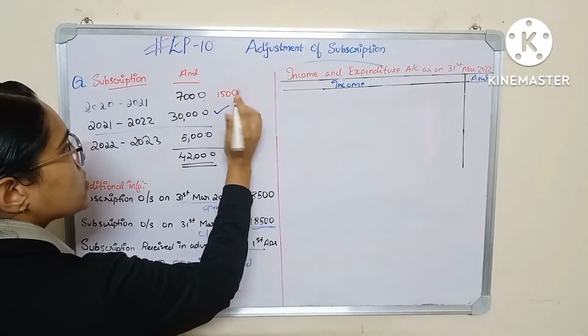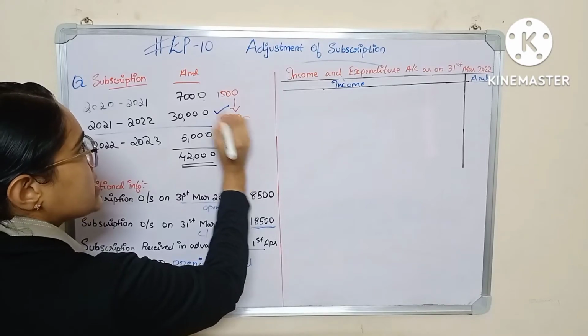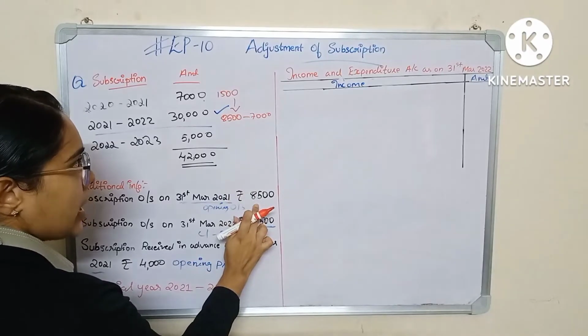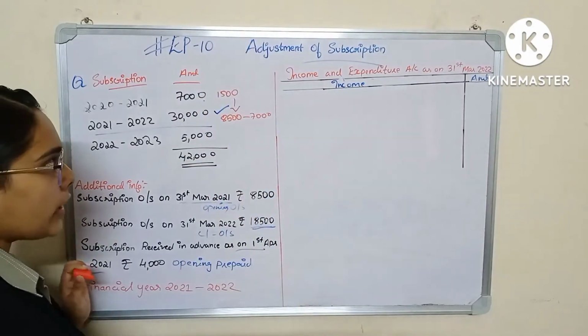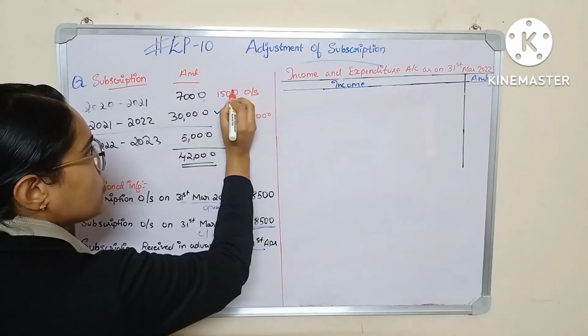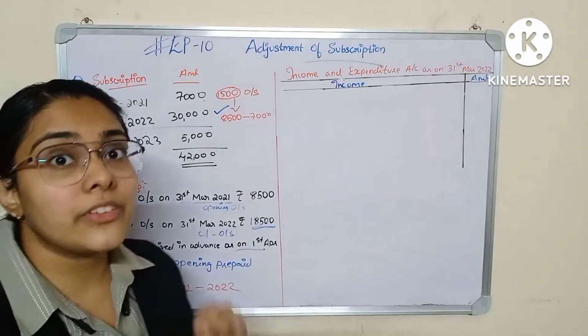How did you get that 1,500? It is 8,500 minus 7,000 rupees. 8,500 is your opening outstanding and 7,000 rupees is the amount you actually received. So this 1,500 is still outstanding, not received yet.